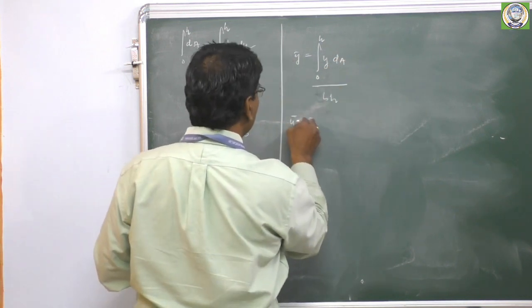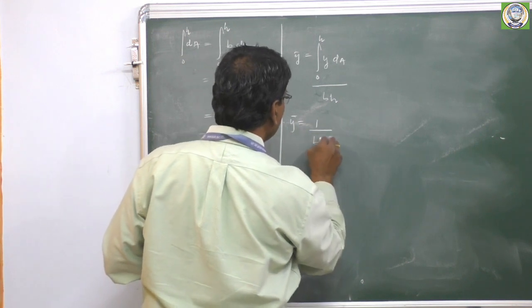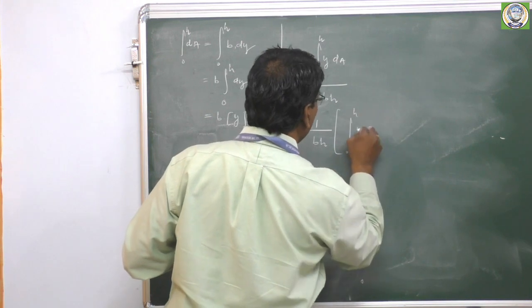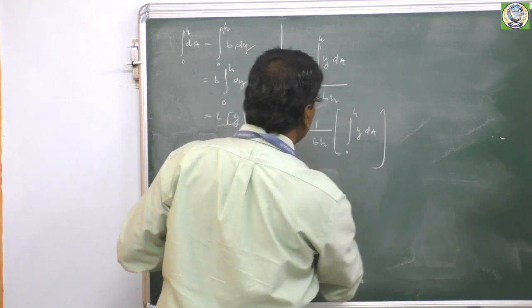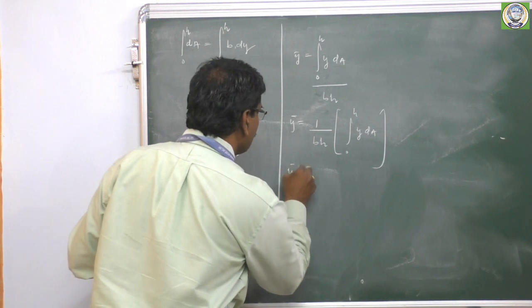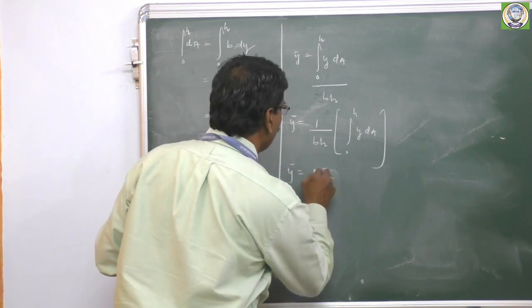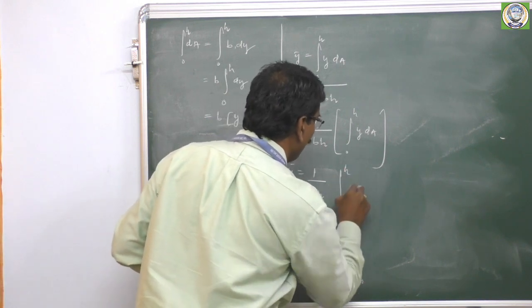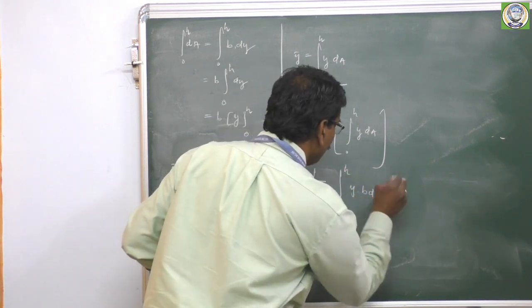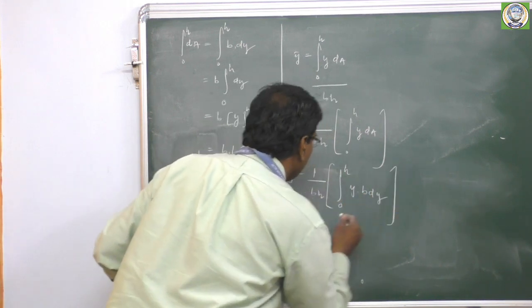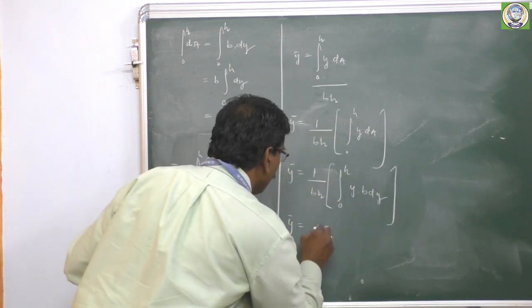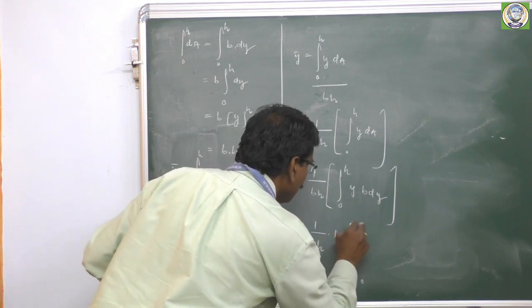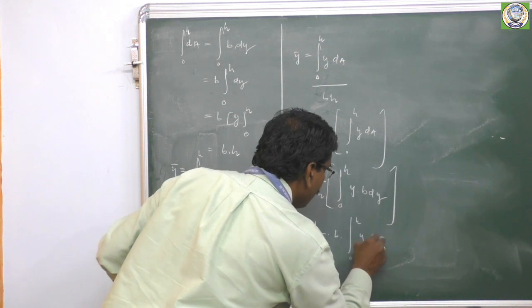I can write this as y bar is equal to 1 by bh into integral 0 to h y dA. We already considered dA as b dy, therefore 1 by bh into integral 0 to h y into b dy. Again, b is constant in this particular formula. I will take it out of the integral. y bar is equal to 1 by bh into b into integral 0 to h y dy.